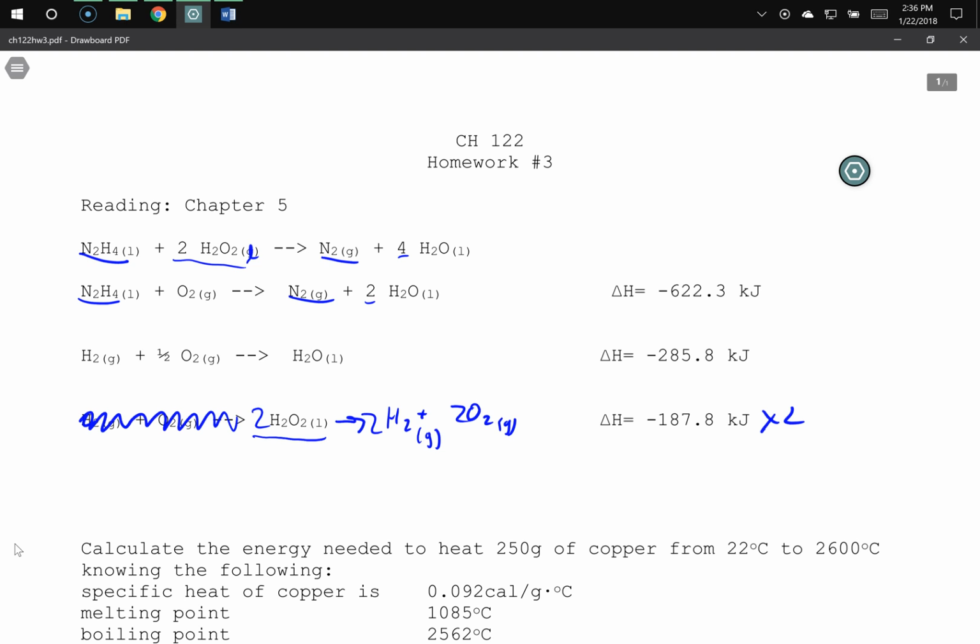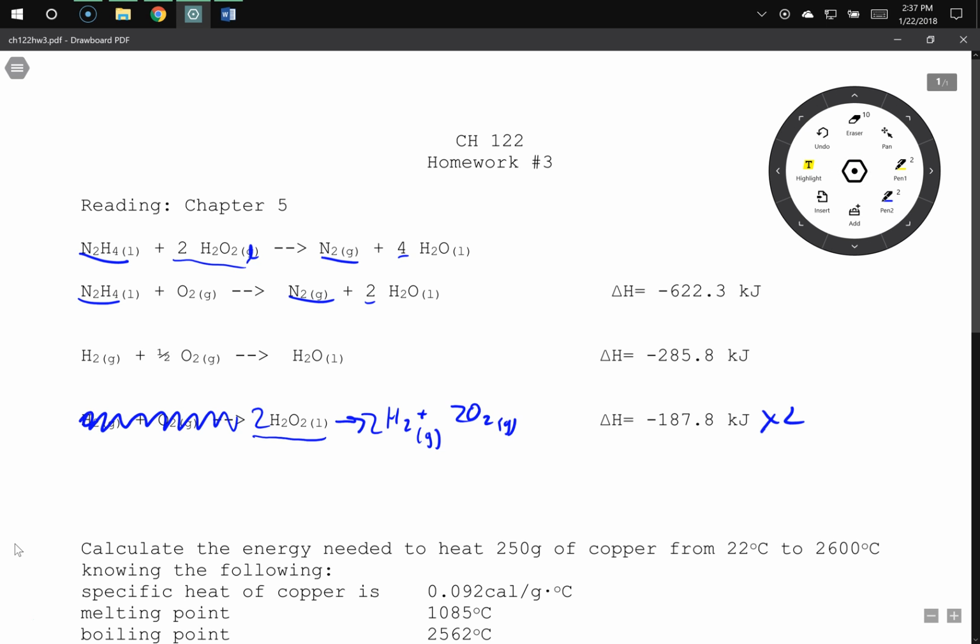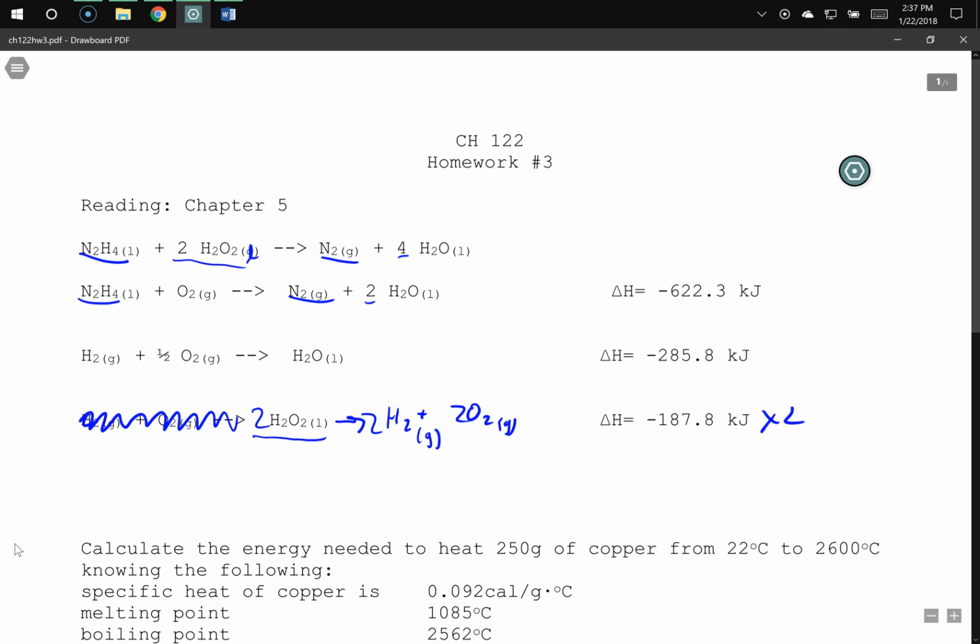Alrighty. I do need to get rid of the hydrogens and the oxygens that are on the right-hand side on this one over here, so I will pick a different color. If I double this one, that turns to a 1, that turns to a 2.